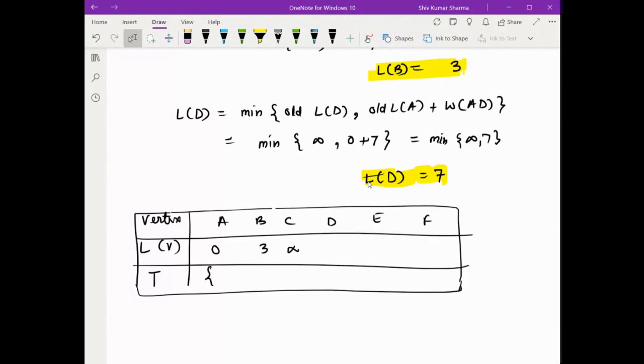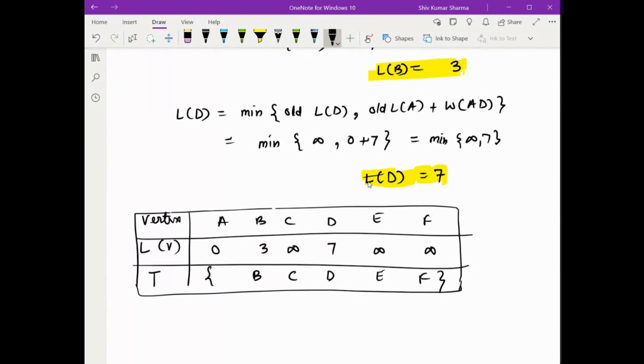We find B is 3, C infinity, D 7, E infinity, F infinity. And we give the permanent level to the vertex A. Then we eliminate vertex A from the set of vertices T. So once we give the permanent level to any vertex, we remove it from the set of vertices. So we write only B, C, D, E and F.